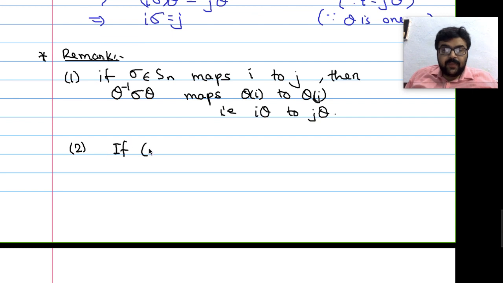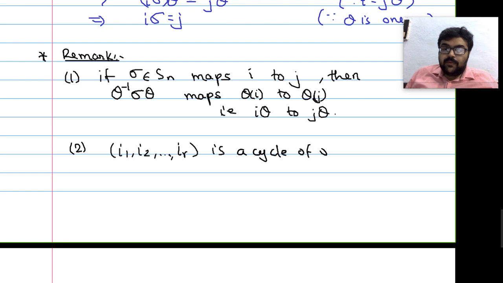If I1, so I can write not if but if and only if I1 I2, let us say IR is a cycle of sigma, then suppose this is a cycle of sigma, a cycle of length r. What kind of cycle will its conjugate have? Its conjugate will be theta inverse sigma theta.